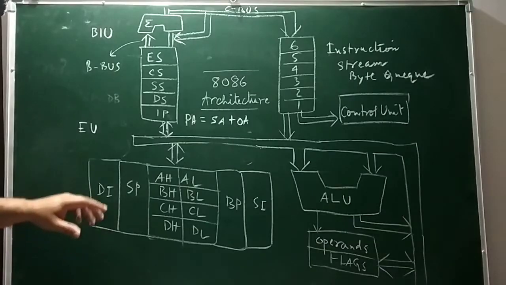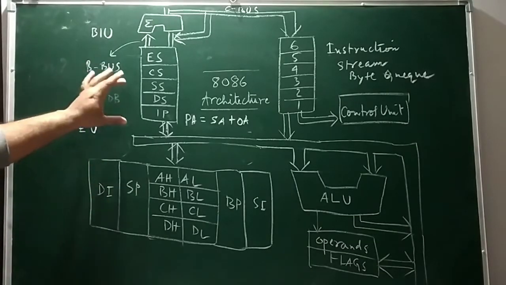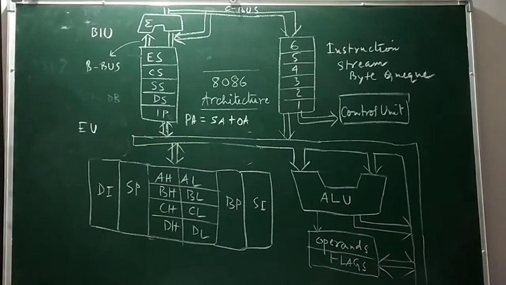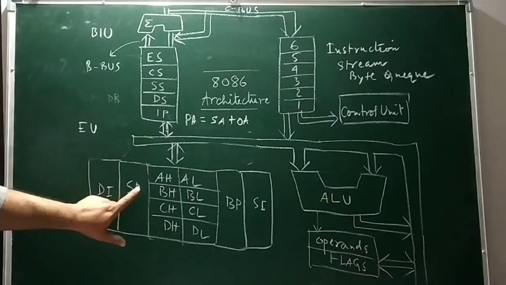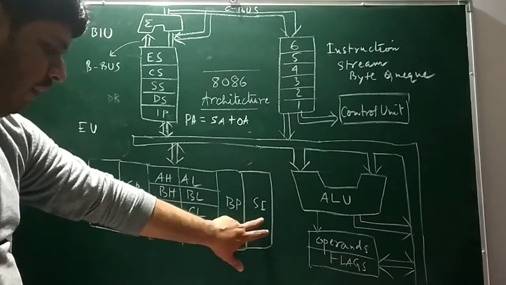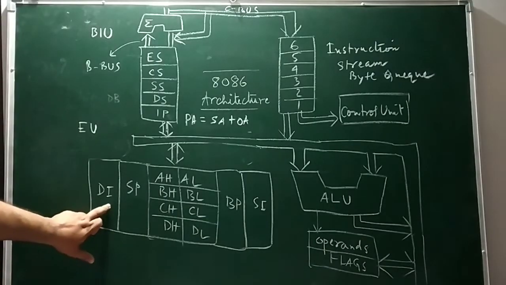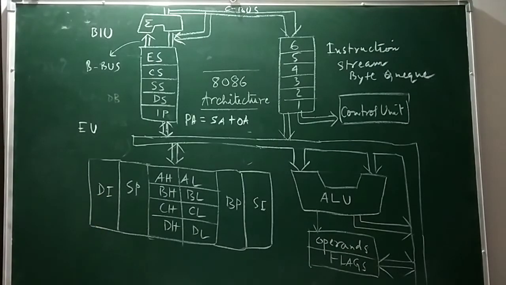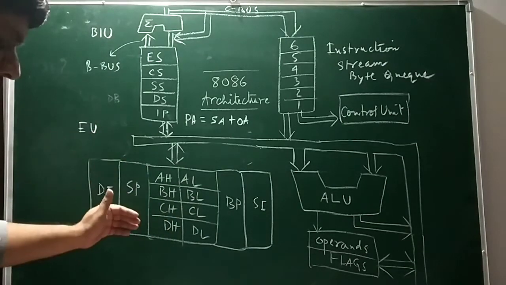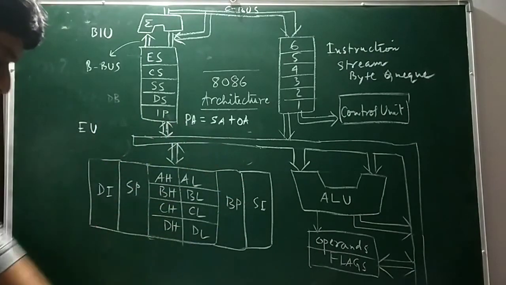Fine. And BP: here, BP will be our base pointer, SP will be our stack pointer, SI will be our source index, DI will be our destination index. Fine. The pointer registers contain an offset within the particular segment.